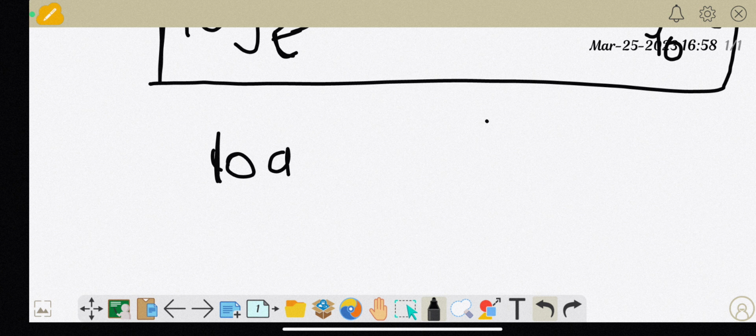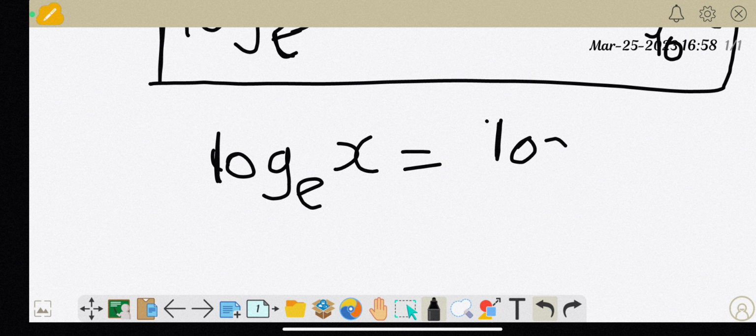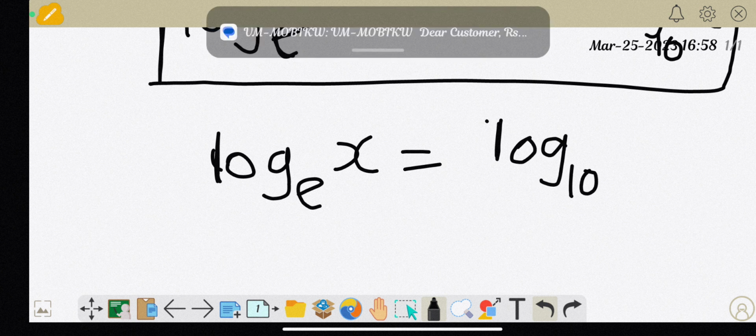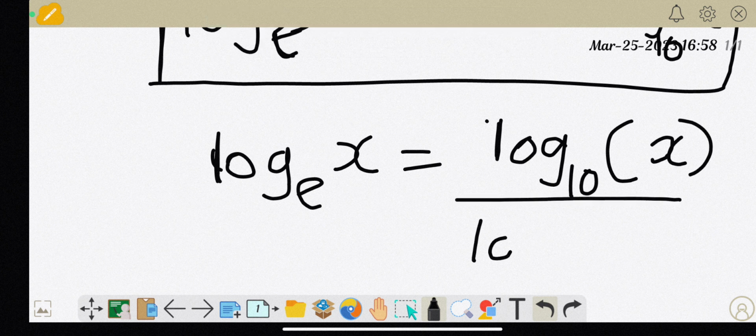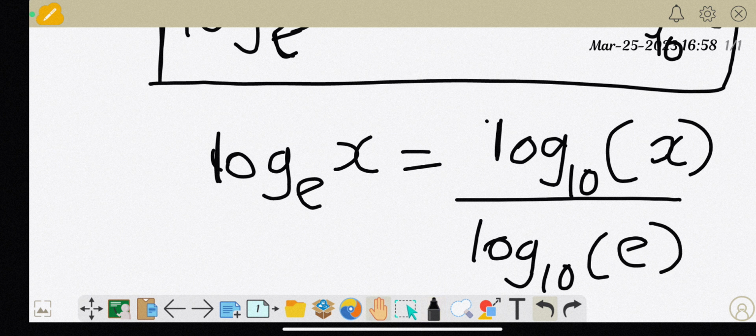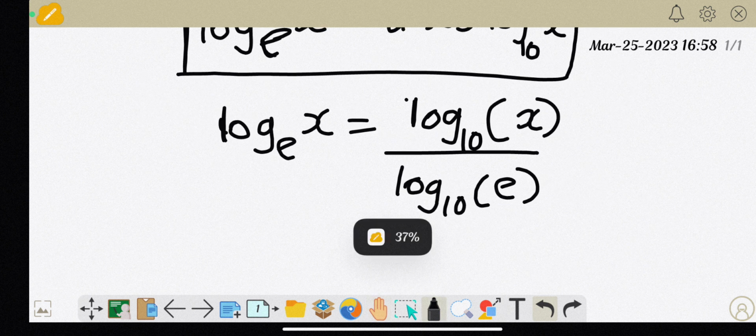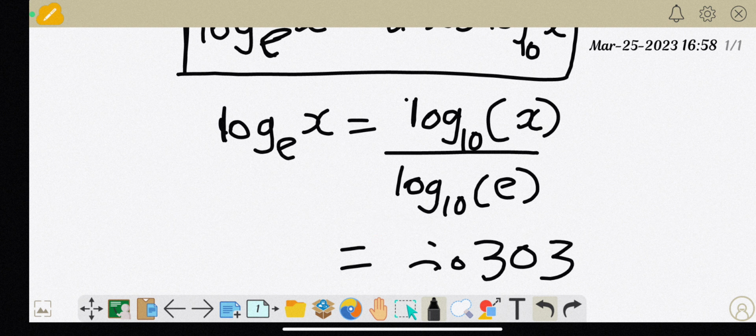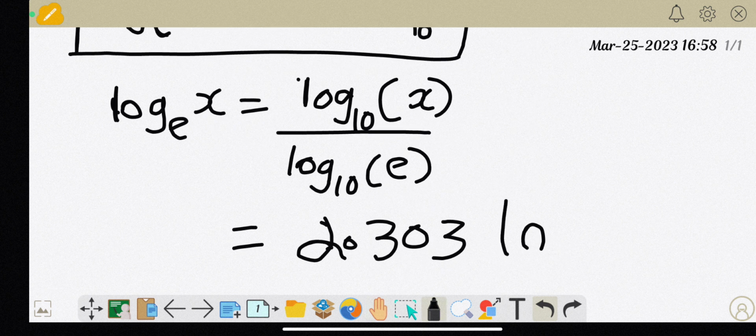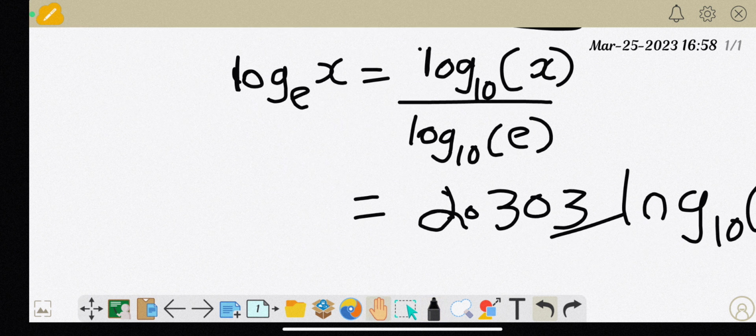Log base e of x is like writing log base 10 of x divided by log base 10 of e, correct? Just calculate log base 10 of e, and 1 by that value will be 2.303. Just find it out and you will get your answer. So 2.303 log x you will get, log base 10 of x. This is how you can do the conversion.